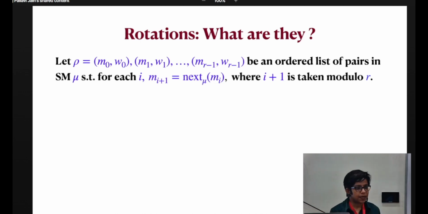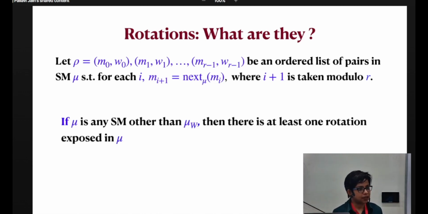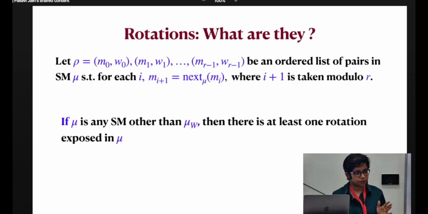Now, this is a property that is at the heart of everything, like the first key step: if this instance has more than one stable matching, meaning the man optimal matching is not also the woman optimal matching, then you have at least two distinct matchings, and there will be at least one rotation in the man optimal stable matching.